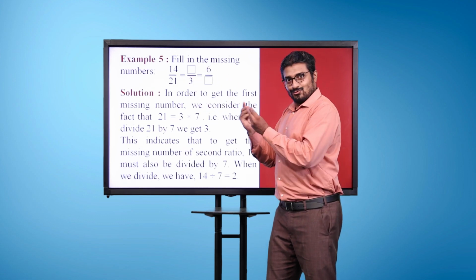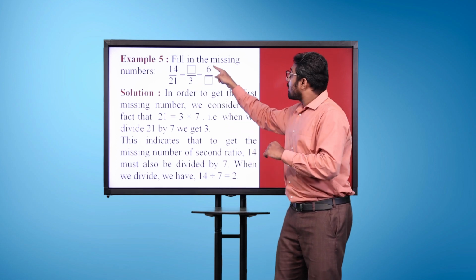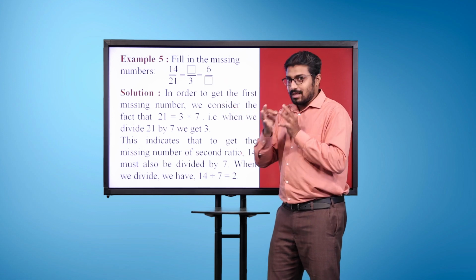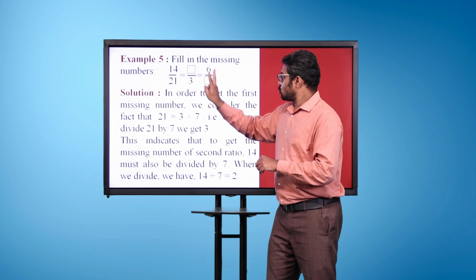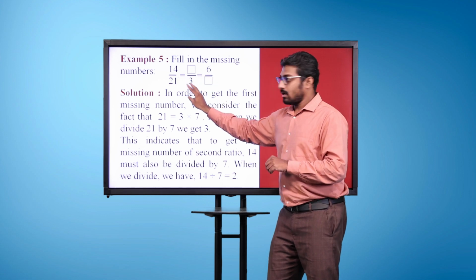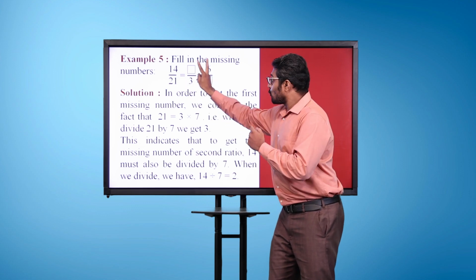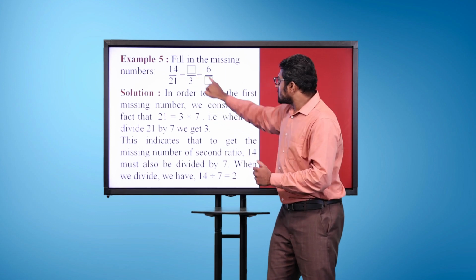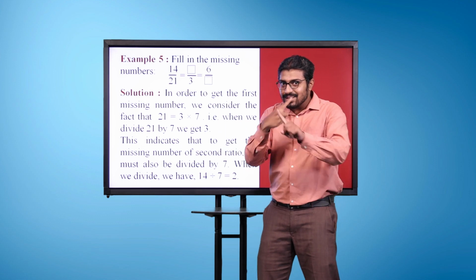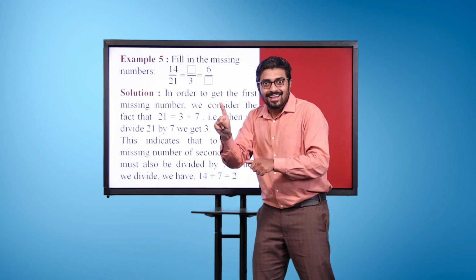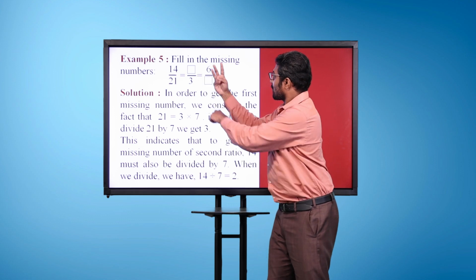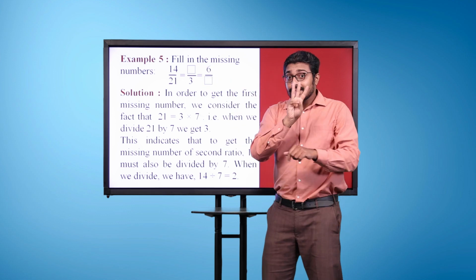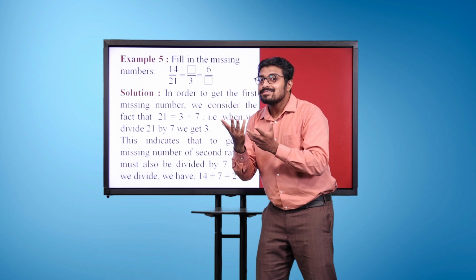Similarly, to get the third ratio, we multiply both terms of the second ratio by 3. Why?